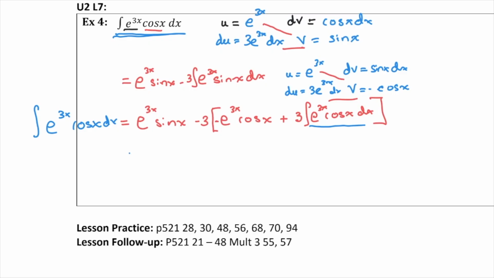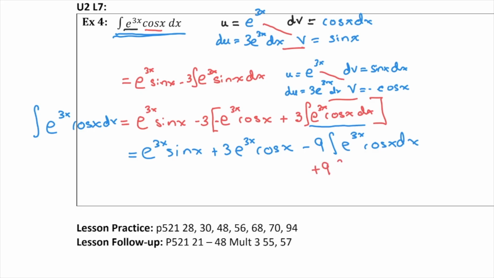With that in mind, let's do a little bit of algebra. e to the 3x sine x, distribute my negative 3, gives me plus 3e to the 3x cosine x, and I will have minus 9 integral e to the 3x cosine x dx. Now, do some algebra. If I add 9 integral e to the 3x cosine x dx to both sides of this equation, do you see where I'm going with this?